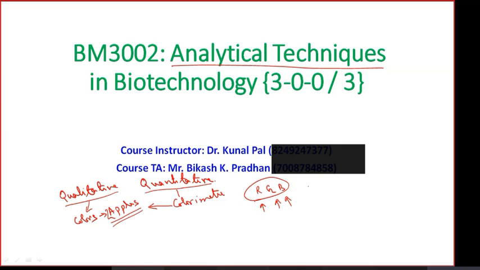By comparing the RGB values of the two apples, you say that this is a rotten apple and this is a fresh apple. Then that technique would be a quantitative technique. In qualitative analysis, we are not determining specific numbers, whereas in quantitative analysis, we usually quantify some parameter and, based on the quantified values, we analyze the products.